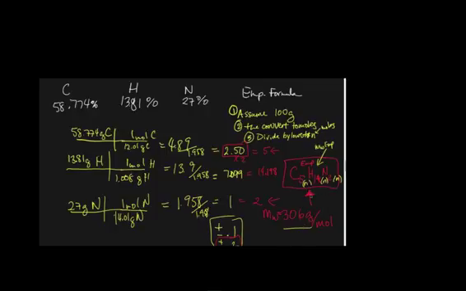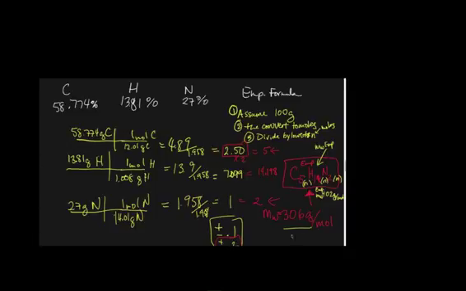So for instance, in this case, 5 times 12.01 is 60, plus 14, 74, plus 28 equals 102. So this right here has 102 grams per mole molecular weight for the empirical formula.